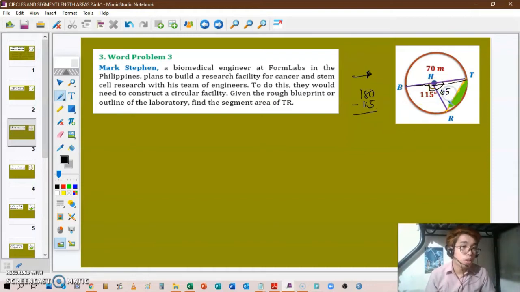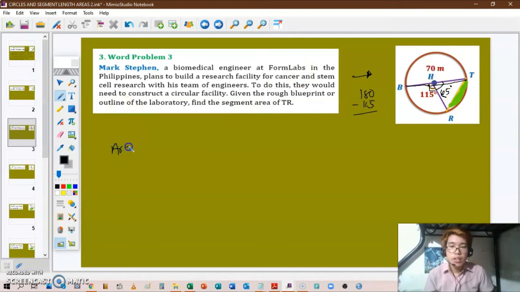Now that we know the central angle for this part is 65 degrees, we can solve for the arc measurement, and also for the area of the segment that we have here.